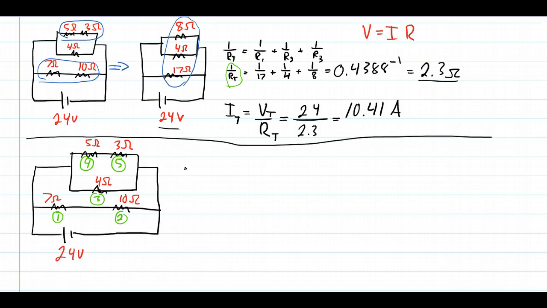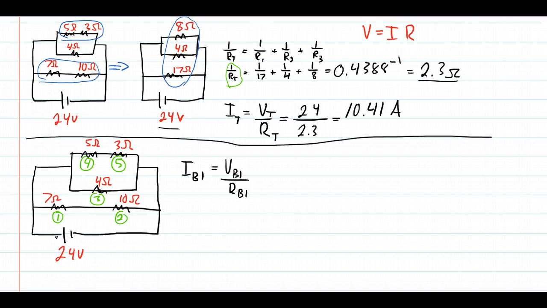If I'm going to find the current of that bottom branch, I, and then I'm going to use subscript B1 just for branch 1, just so I can be clear in what I'm doing. If I'm going to find the current of branch 1, I need the voltage across branch 1, and I need the resistance across branch 1.